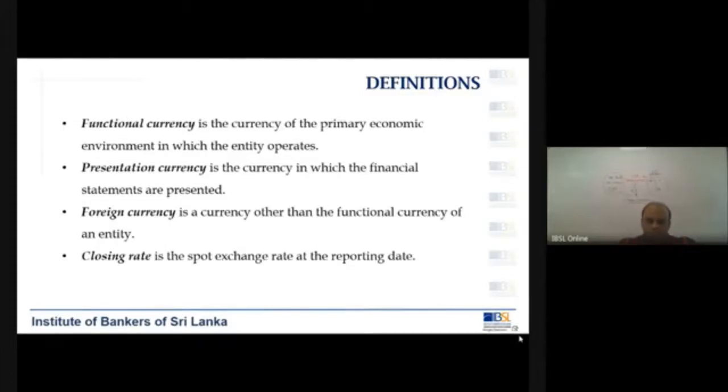Now, the currency rate that you use as at the reporting date is known as the closing rate. Say, for example, if I am a 31st December company, my financial year ends on 31st December, whatever rates are applicable on 31st December, how much is $1 into rupees, how much is €1 into rupees, how much is 1 GBP into rupees, that is known as the closing rate.